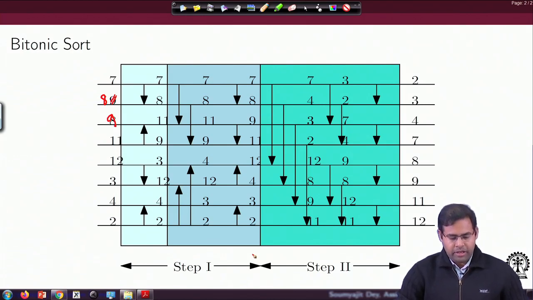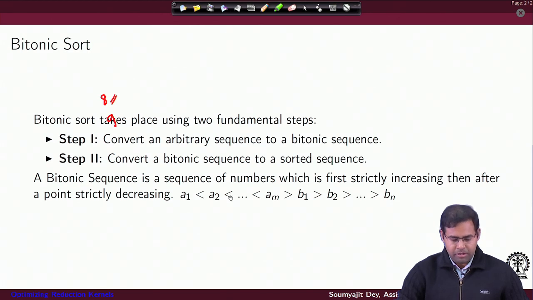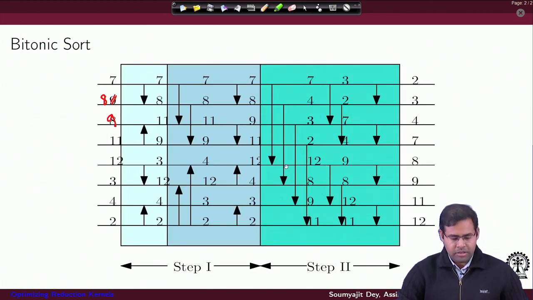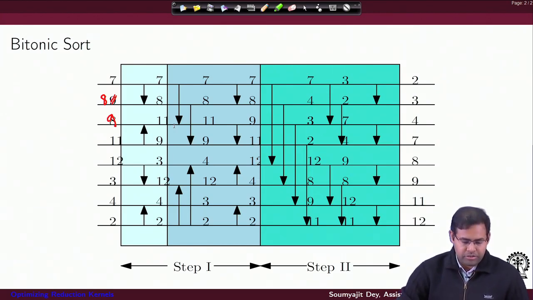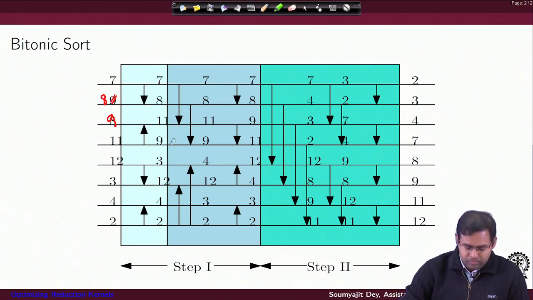That means, as per our previous definition, step 1 is going to create a sequence where the values will first increase and then decrease. Now let's look at the network and see whether that's really happening or not.